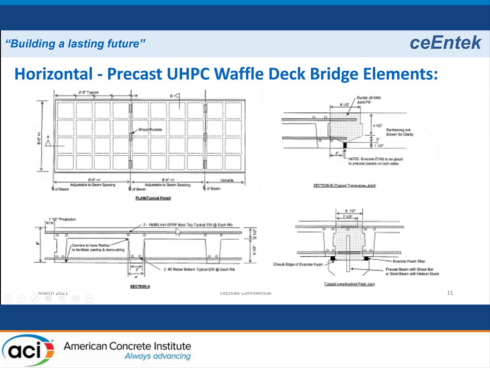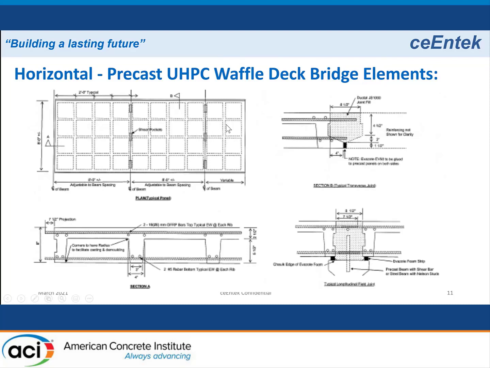So we put some rebar in the ribs in both directions, project the rebar out into the connection between the adjacent panels, and then we fill that connection with UHPC. So you have a 100% UHPC connection. And this panel spans from the center girder. So on the left here would be where the center is, and that's typically where your crown is in the road. It would slope down, crossing over 2 girders in this particular panel.